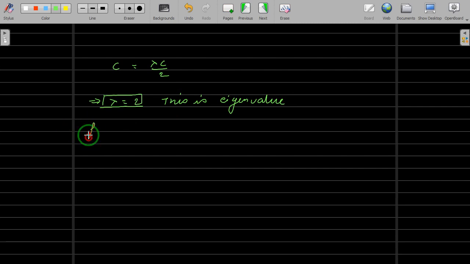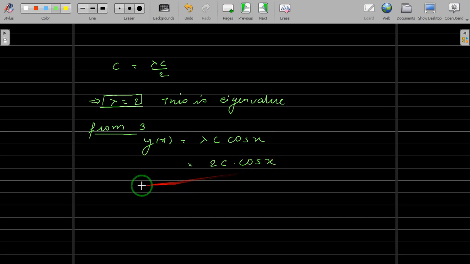So from 3 you have y of x is equal to lambda c cos x. As far as possible, try to find the value of c. If you can't, let it be. It won't make any difference, but you won't get the exact solution.